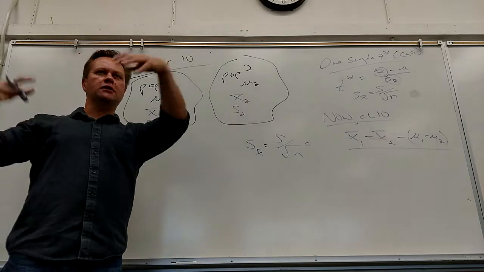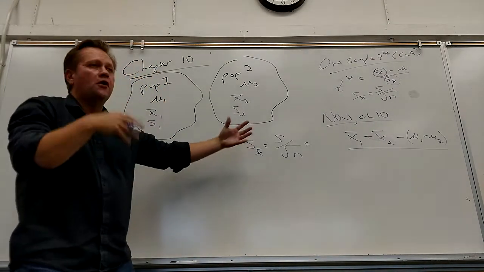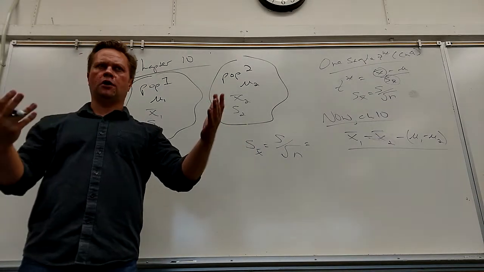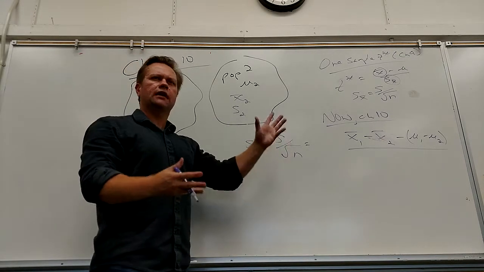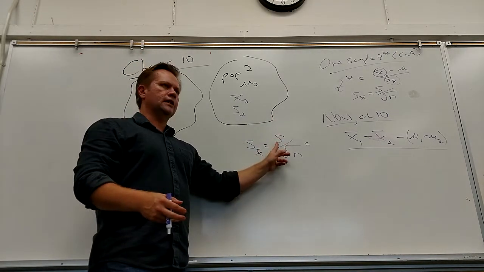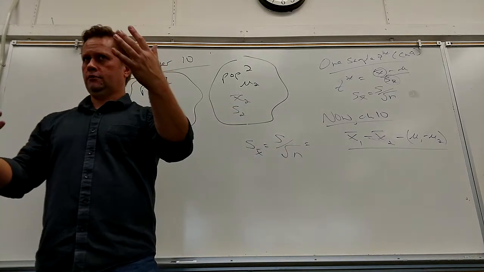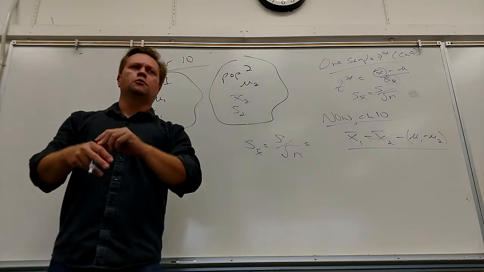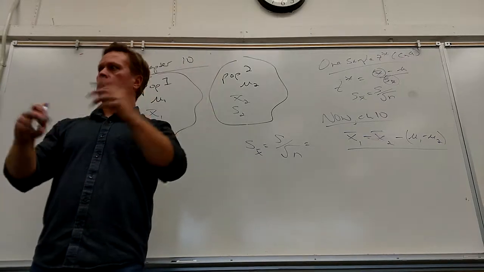I want to put everything under the square root so I can attack it more directly. Right now I have one thing under the square root and one thing not. Why can't I put these together? Because s is not in the square root. So what is s? S is equal to the square root of what? S squared, right?